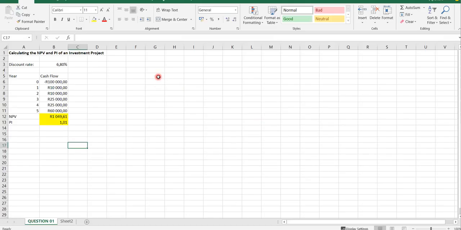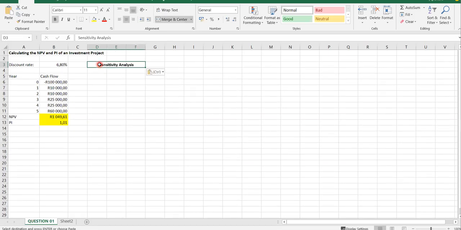So how do you go about doing sensitivity analysis in Excel? I'm just going to put another section here for sensitivity analysis. I'm going to write in my D3, sensitivity analysis.